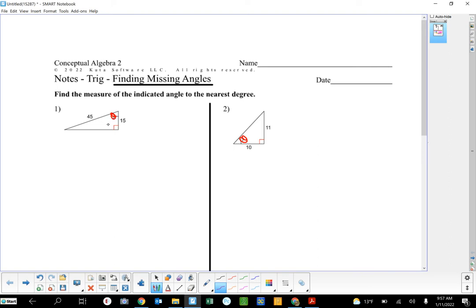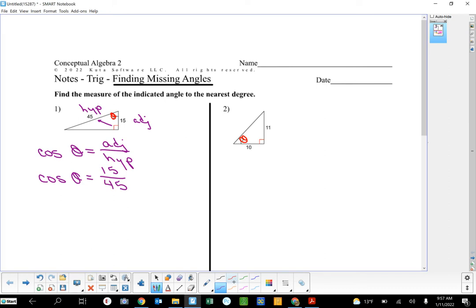We know that across from the right angle is always the hypotenuse, and next to the angle is your adjacent side. So adjacent and hypotenuse. Well, we know from the bottom of the page that that's our cosine. Cosine of theta is adjacent over hypotenuse. And I'm just going to fill in adjacent is 15 and hypotenuse is 45.